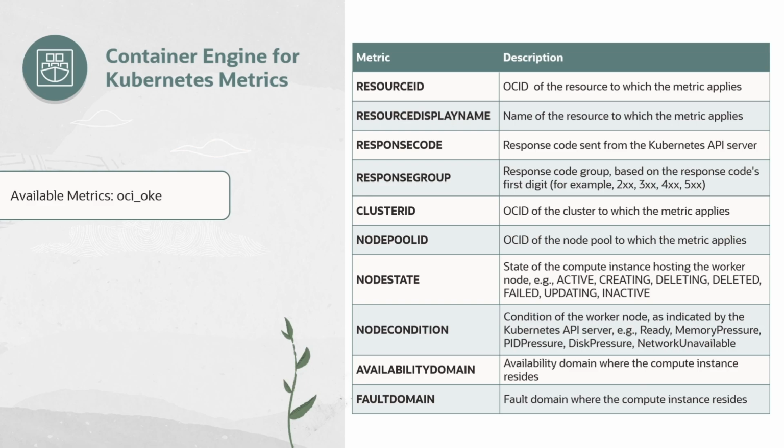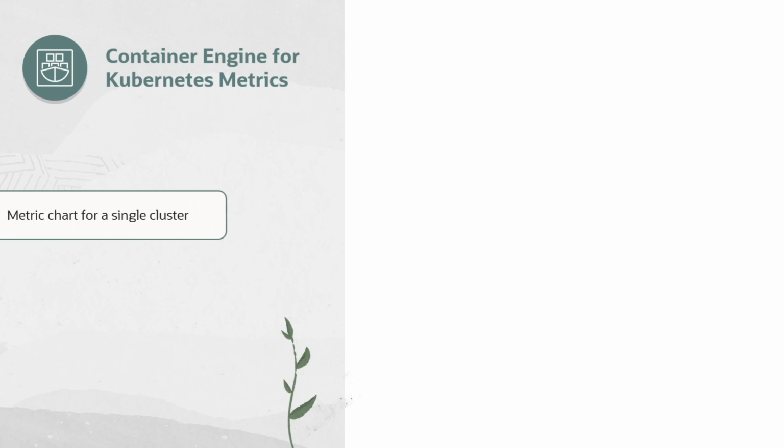our observability journey. Let's explore how to view default metric charts for a single Kubernetes cluster using the OCI console. Within the Metrics tab on the Cluster Details page, we find detailed charts for various metrics within the OKE namespace. Let's break down some key metrics.